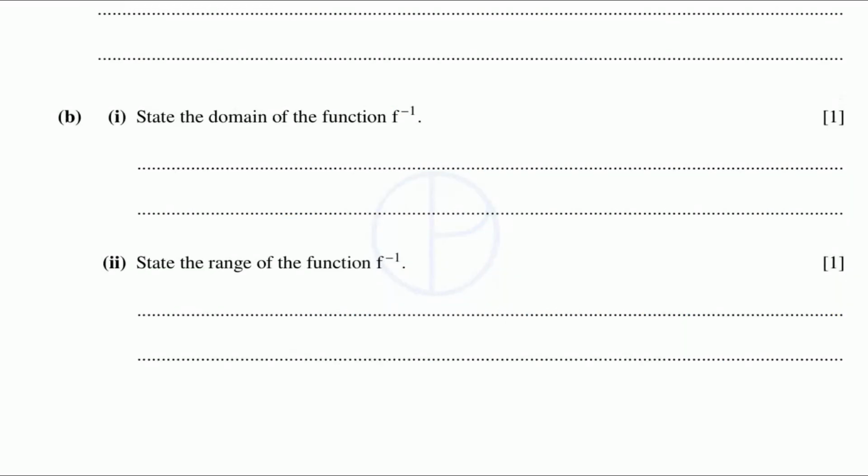So the next part of the question is, state the domain of the function f inverse. The domain of f inverse is nothing but the range of f of x. Okay. So what is the range of f of x?